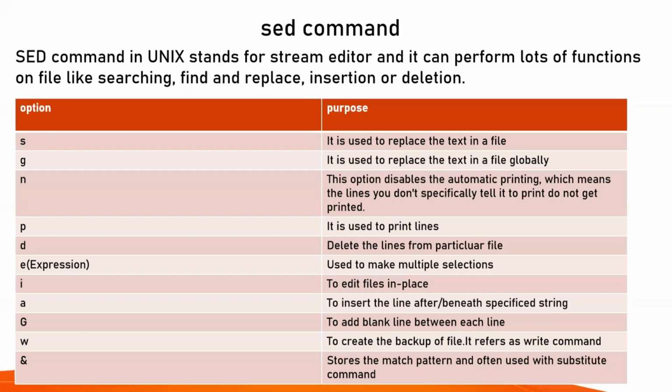The w option is used to create a backup of the file. It is referred to as the write command. There would be a situation where, before even editing the file, you want to take a backup, and that's where you use the w option. The last option we have is the ampersand, and this option stores the matched pattern and is often used with the substitute command.